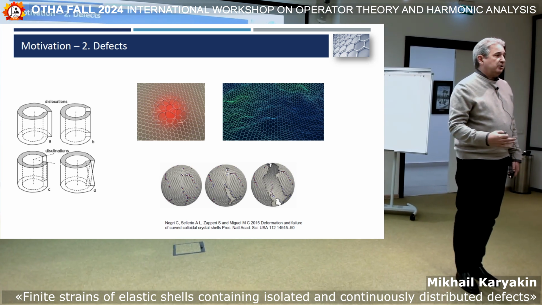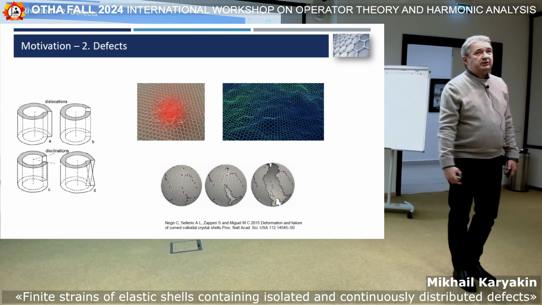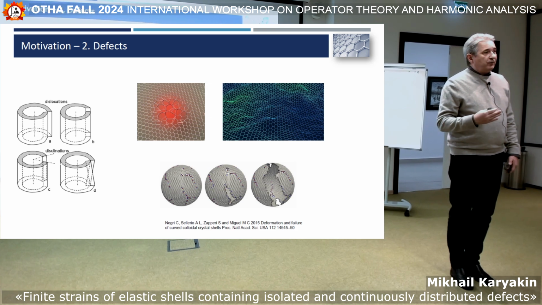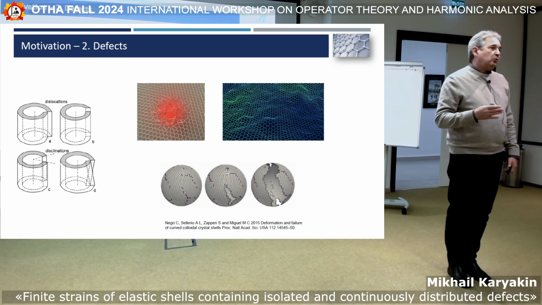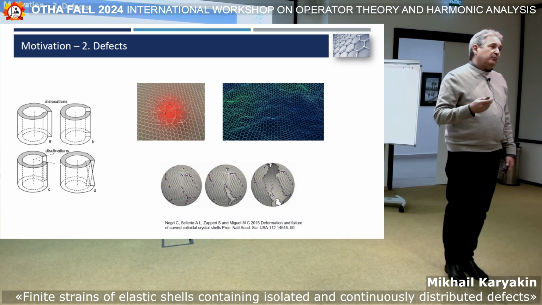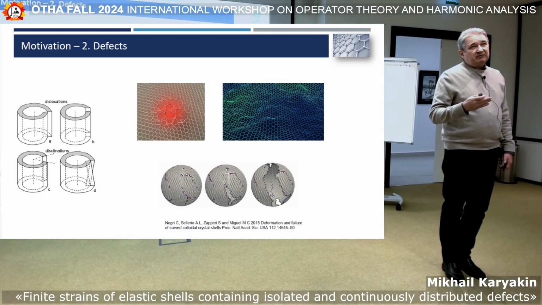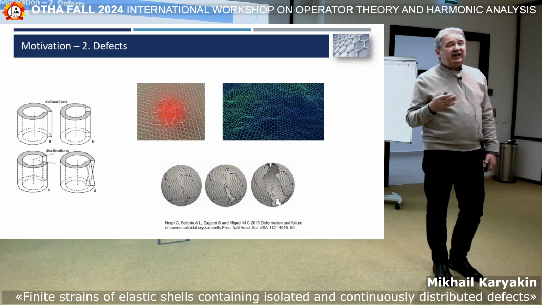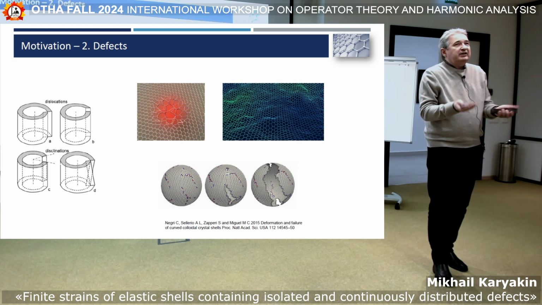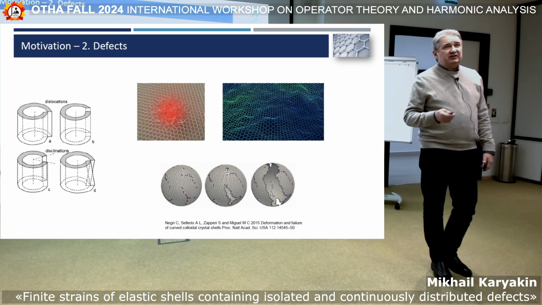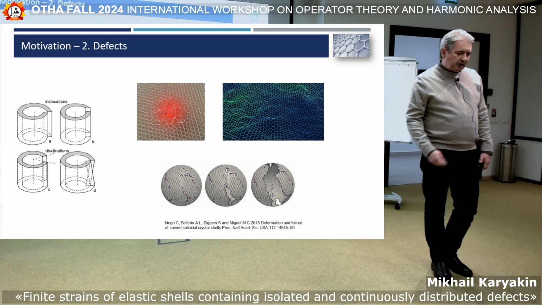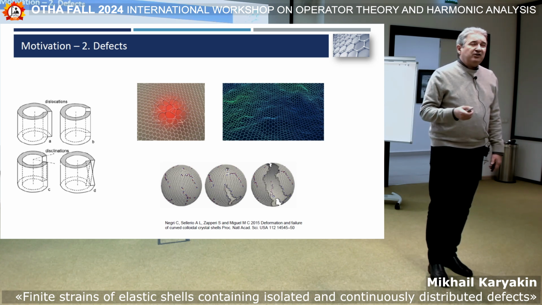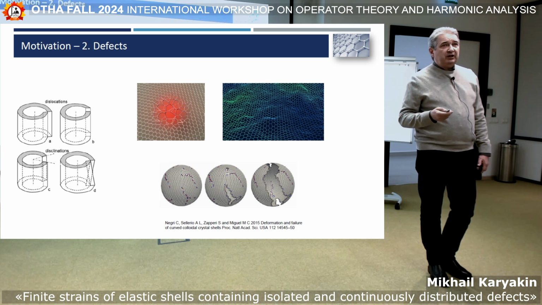Then you cut the cylinder along its axis, and then move the edges of this cut as solid bodies. We can organize a so-called translational movement, and then join the cuts and get some other object. This situation in a cylinder is called translational dislocation, or simply dislocation. Or we can rotate this edge, and in this case we call the situation disclination.